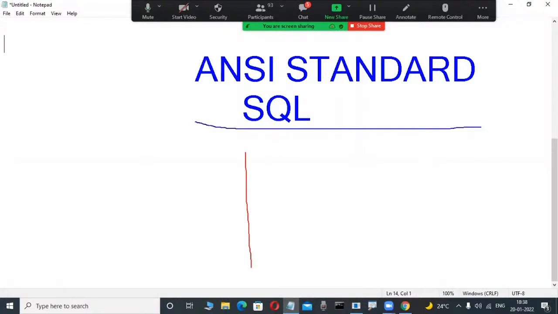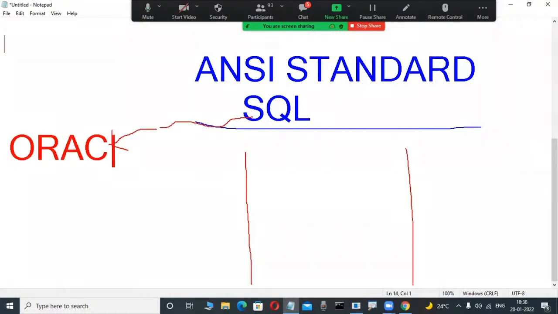But unfortunately, observe here, from this ANSI standard SQL language, Oracle Corporation created their own SQL, that is called Oracle SQL. That is important. So many fellows don't know.